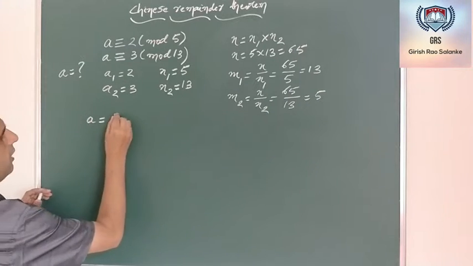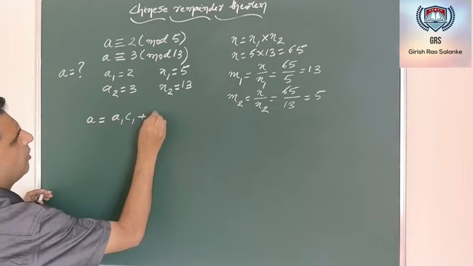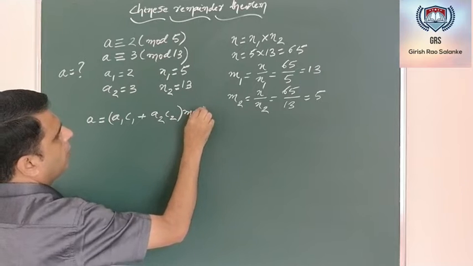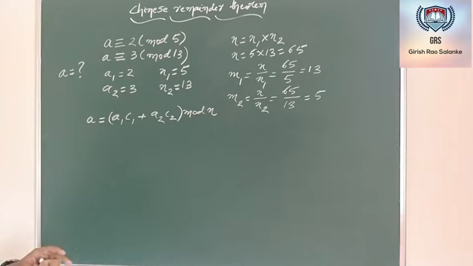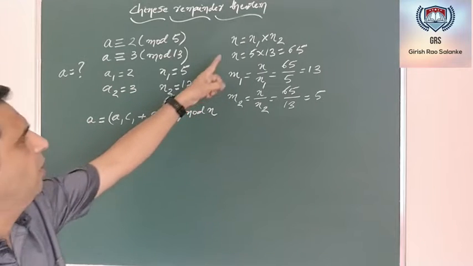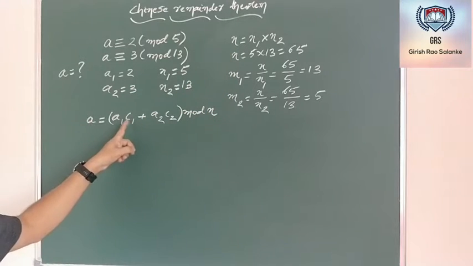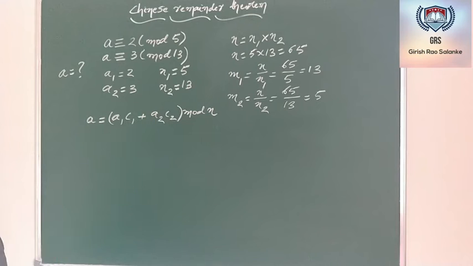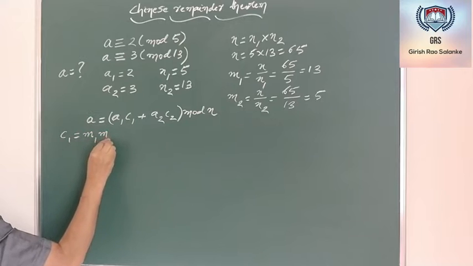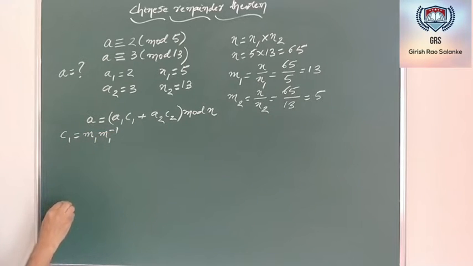The A value is calculated as (A1C1 plus A2C2) whole mod N. If you see this equation clearly, A1 is there, A2 is there, and I even got the value of N. What is not there? C1 and C2 are not there. Now I can calculate the value of C1 and C2 as C1 is equal to M1 into M1 inverse.